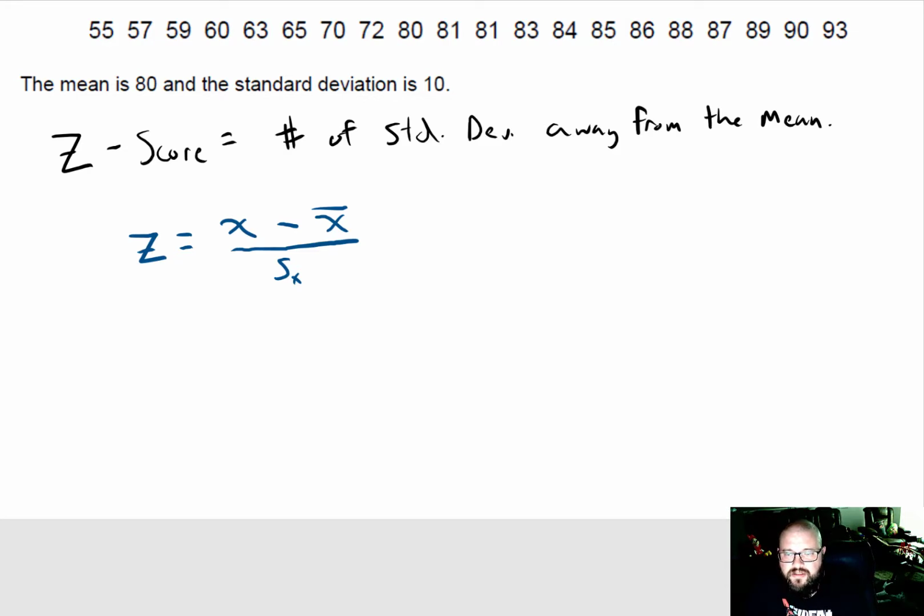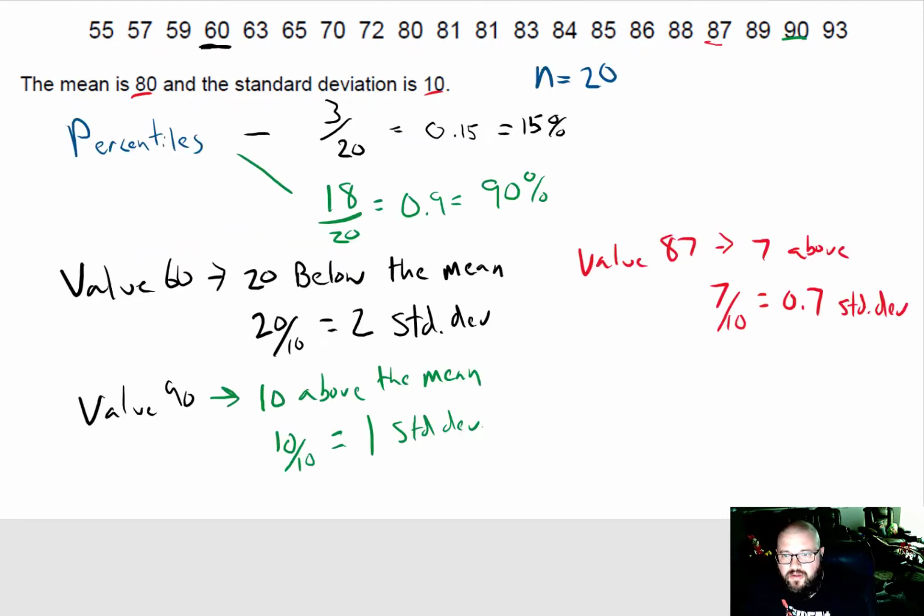So with this, let's think about that. With these values we looked at up here, we said this value of 60 was 2 standard deviations away from the mean.